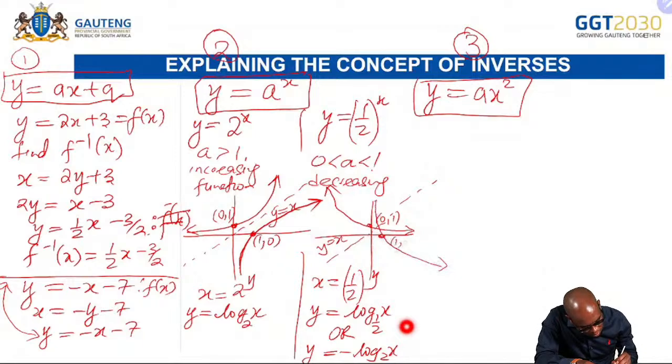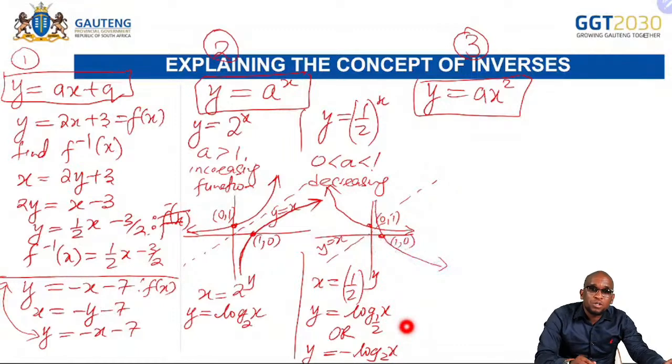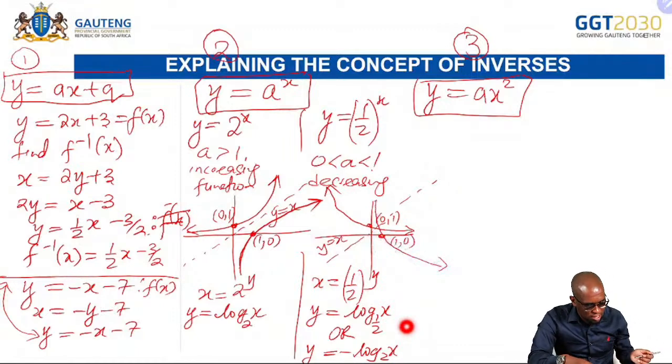This point would be the point 1,0 like that. So that is how we reflect our exponential graph in order to get our logarithmic graph.